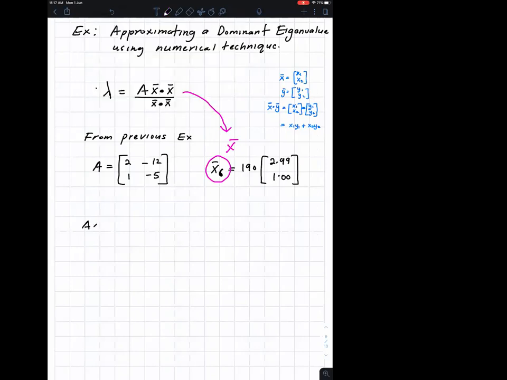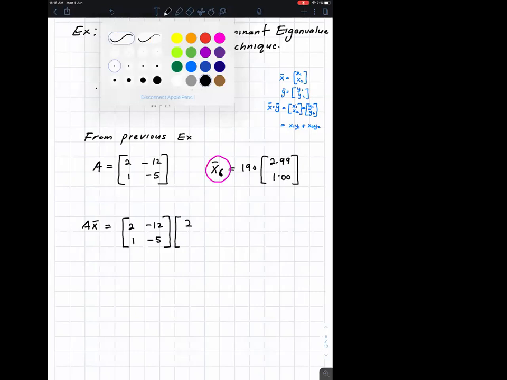Let's go ahead and calculate matrix A multiplied by x bar. I'm talking about the x bar here.